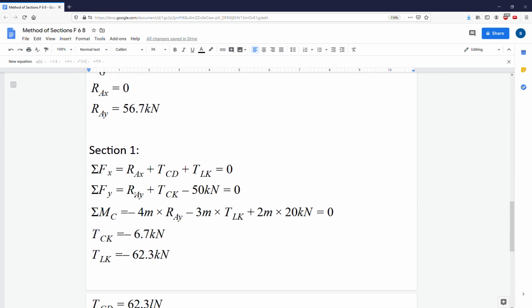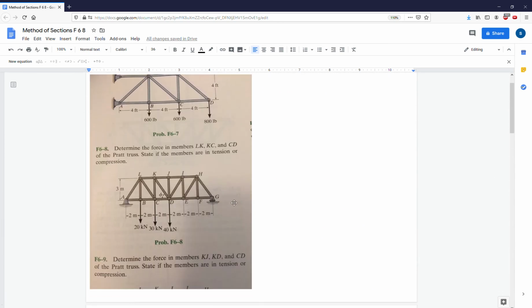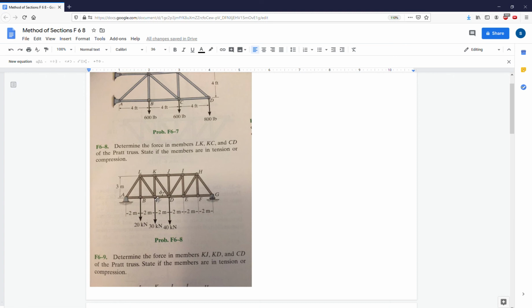So that equation becomes RAY plus TCK minus 50 kilonewtons equals 0. Lastly, moment. Now I selected moment at C because that would eliminate the unknown value of tension CK and tension CD. The only unknown tension would be the tension LK.